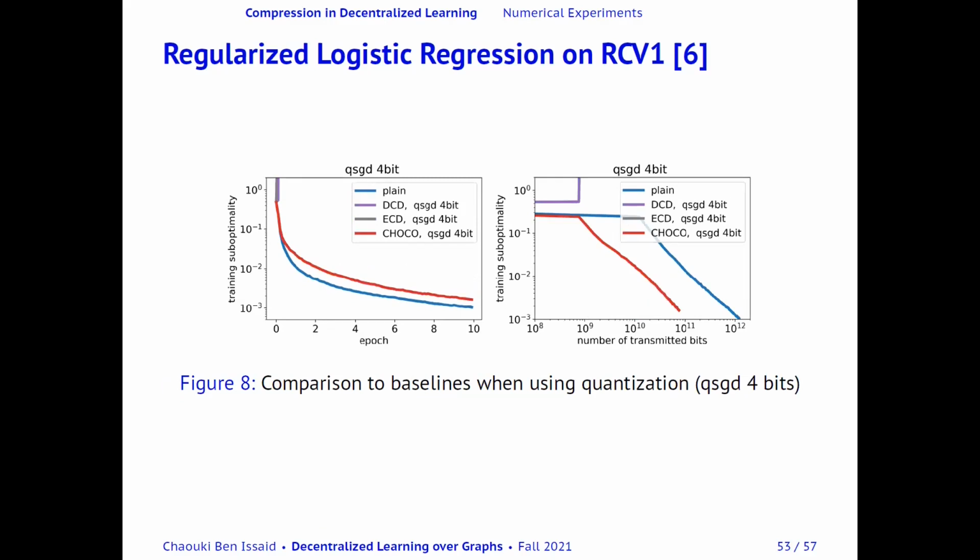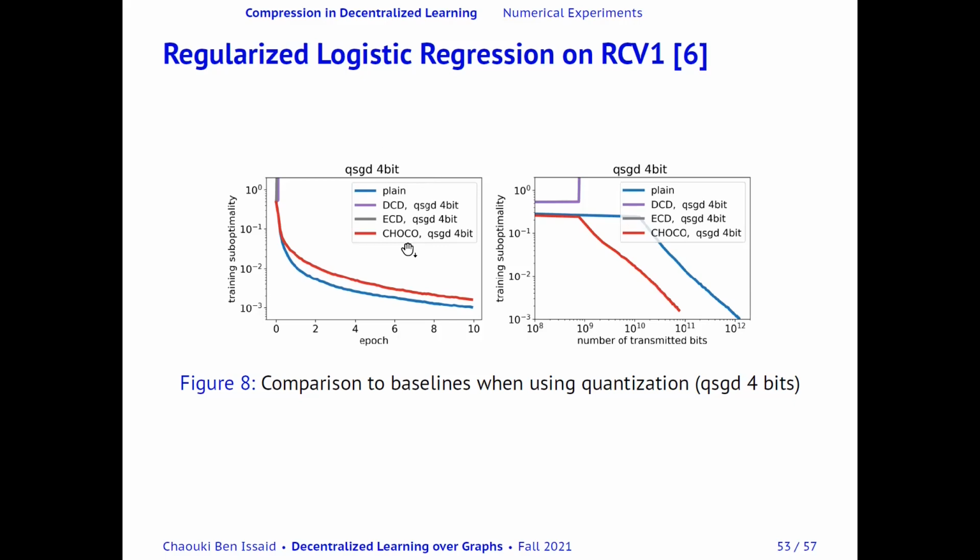Similarly, the performance of the algorithm is investigated when we consider quantization instead of sparsification. Here, random quantization using 4 bits is used for the compression.